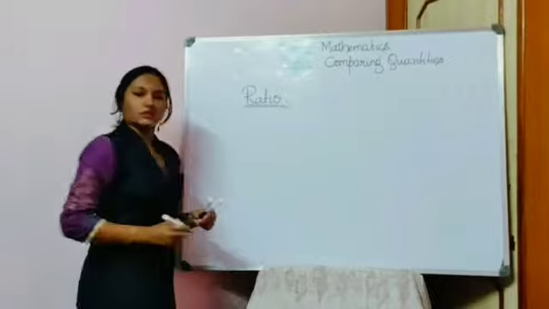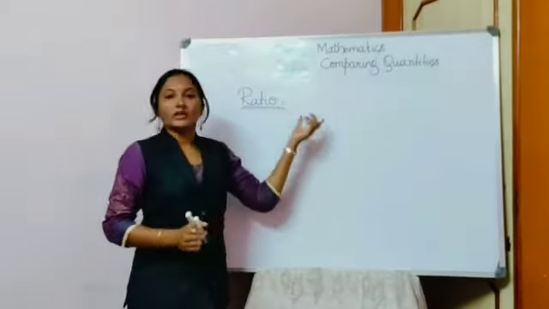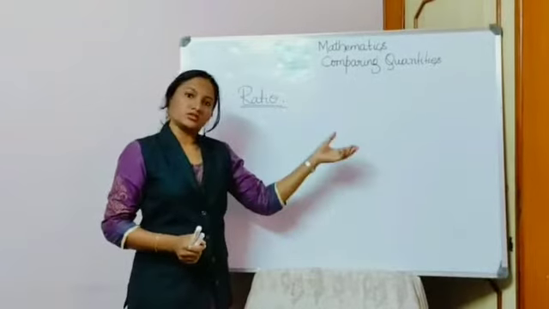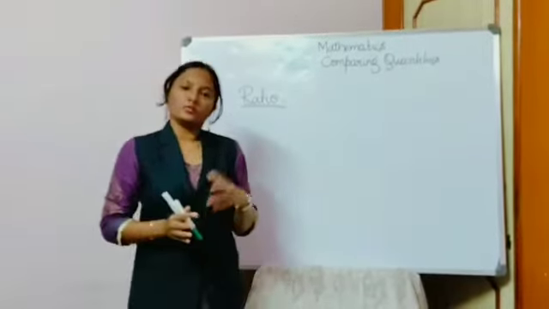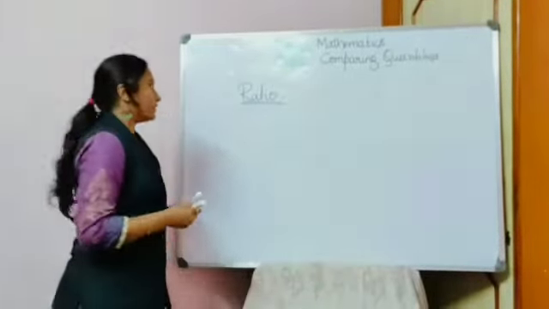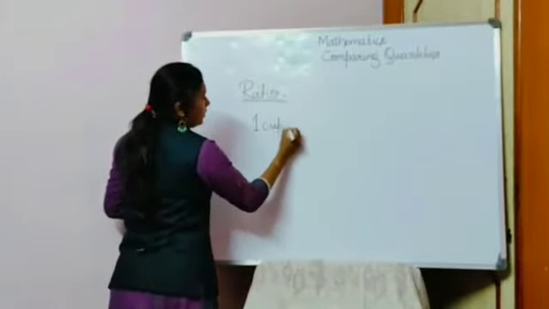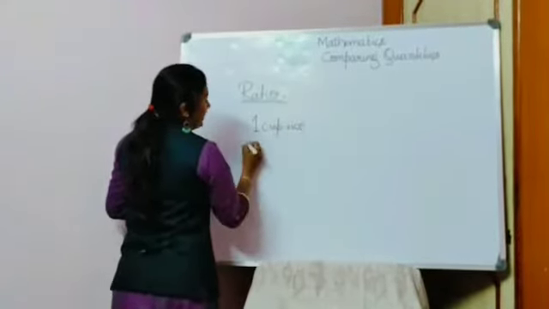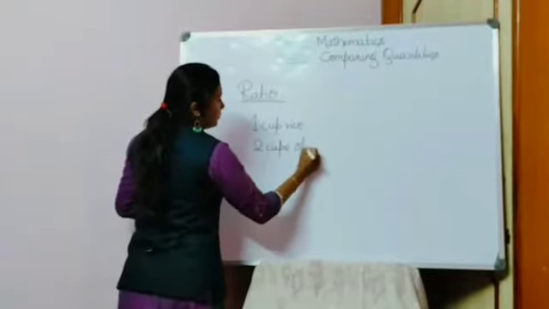So all of you know what is the meaning of ratio. The ratio is the quantitative relation between any two things that should be of the same unit. For example, all of you know that your mother cooks at home. Suppose she is cooking rice, she will take the ratio as 1 cup of rice and 2 cups of water.